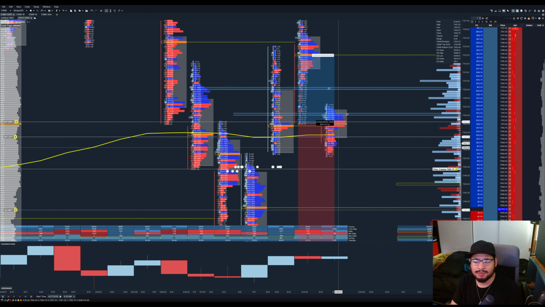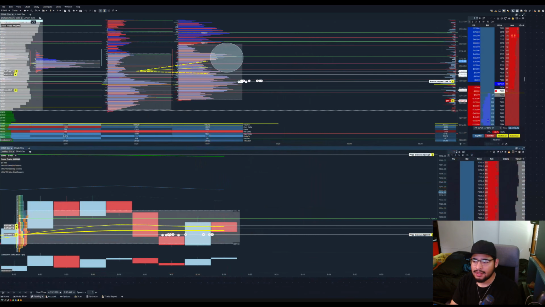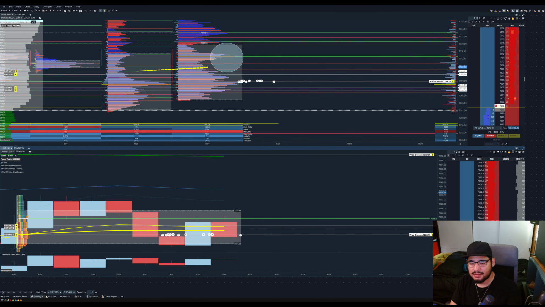So we're seeing some price below the daily and session VWAPs. But I don't like it. I don't like it. Shouldn't have traded my PA. But it is what it is.